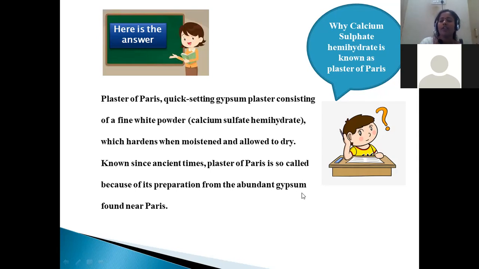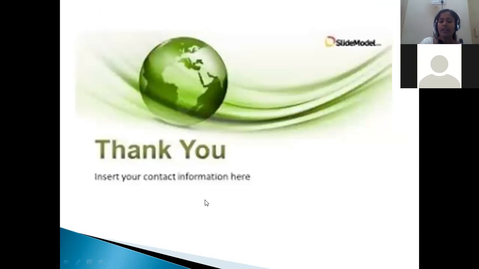From this gypsum, they manufactured plaster of Paris by heating to 373 Kelvin, so that it could be applied for various constructional purposes. That's the reason why, because of the abundant availability of gypsum nearby Paris, it is called plaster of Paris. Hence, we can say this is plaster of Paris, right?